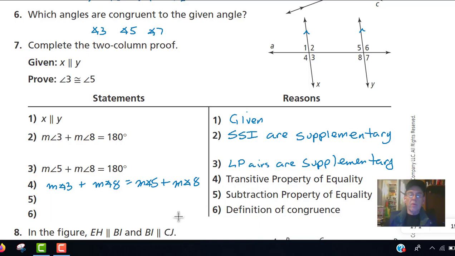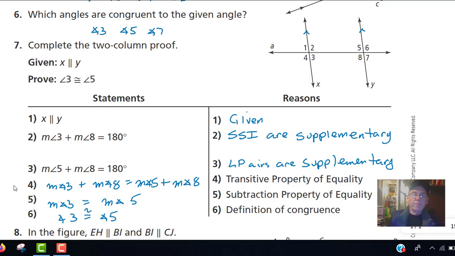That'd be the transitive property. We're using the 180 to link those two together. Take away angle 8 from both sides. We're left with the measure of angle 3 equals the measure of angle 5. That'd be subtraction property of equality. And then because these two angles are equal to each other, we can say that they're congruent to each other. So that's definition of congruent. Angle 3 is congruent to angle 5.